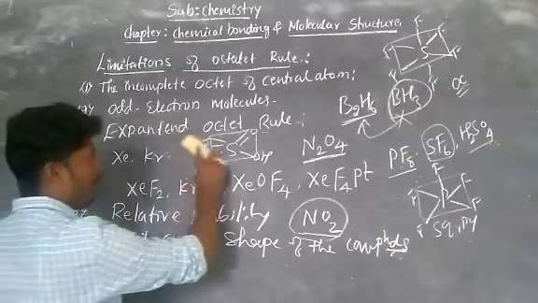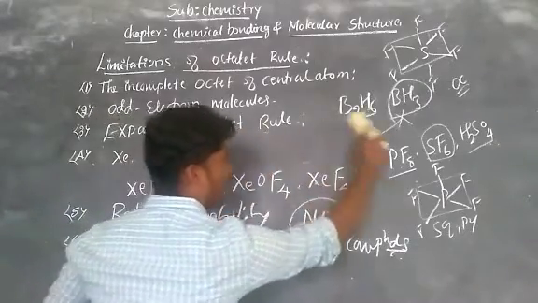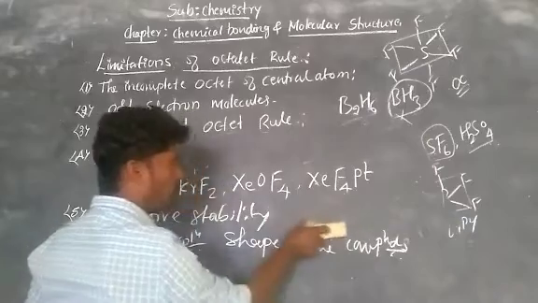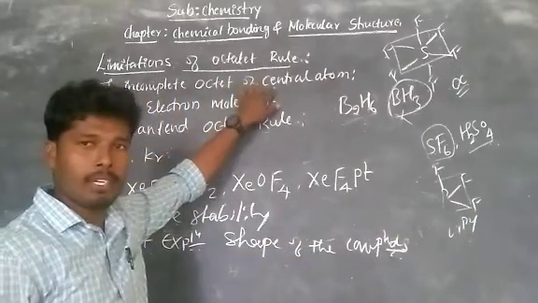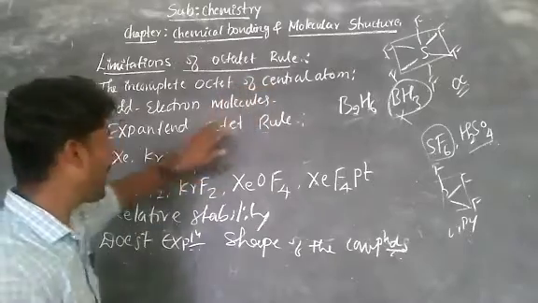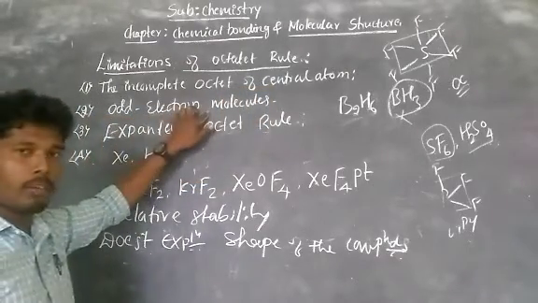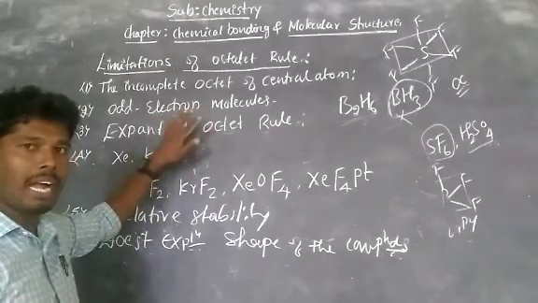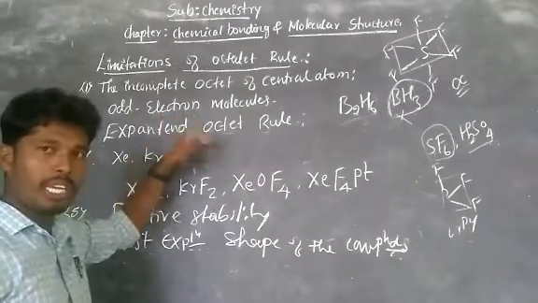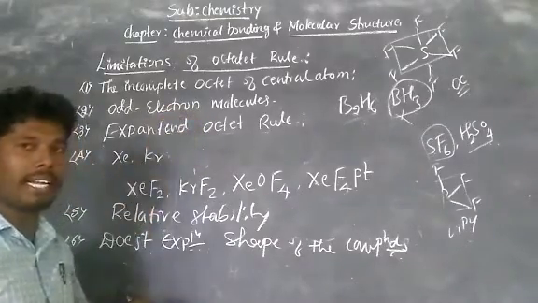Okay. Now what are the limitations of the octet rule? The first one is the incomplete octet of the central atom, that is, there are not 8 electrons around the atom. Then odd electron molecules, meaning compounds having odd electrons, where any one of the atoms does not have 8 electrons.